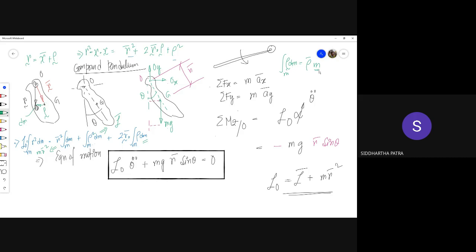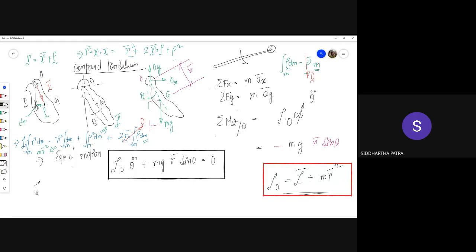Now the irony is, here we are measuring the position of the differential mass with respect to the center of mass itself. So when in the end we get rho bar, that is the position vector of the center of mass with respect to the center of mass. And therefore this rho bar, this quantity right here, is 0. So this quantity goes to 0. Hence, you have the parallel axis theorem.